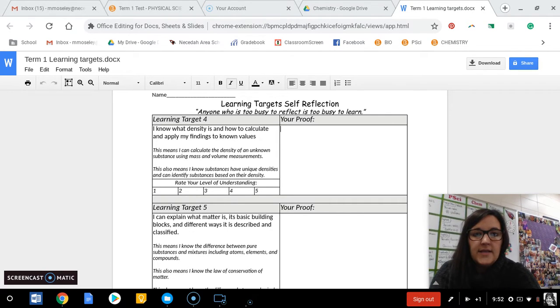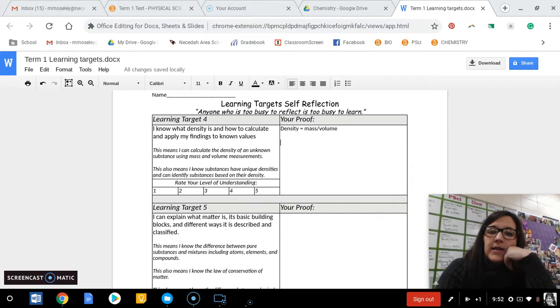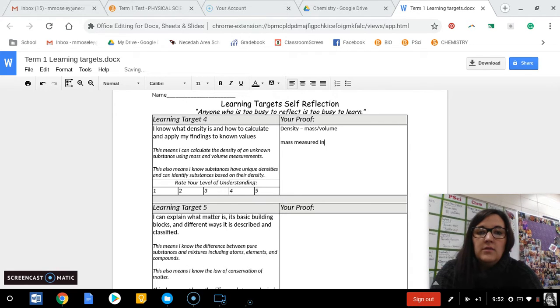So maybe I say that density is equal to mass divided by volume. And then I can say mass is measured in grams. Volume is measured in milliliters or centimeters cubed.